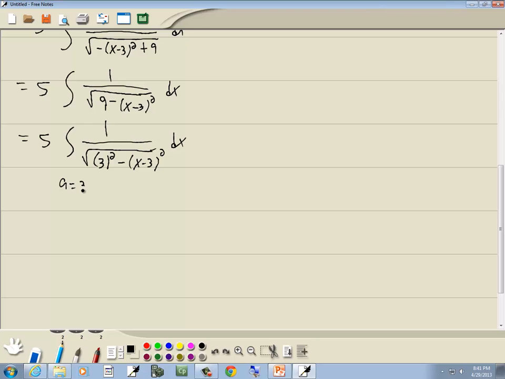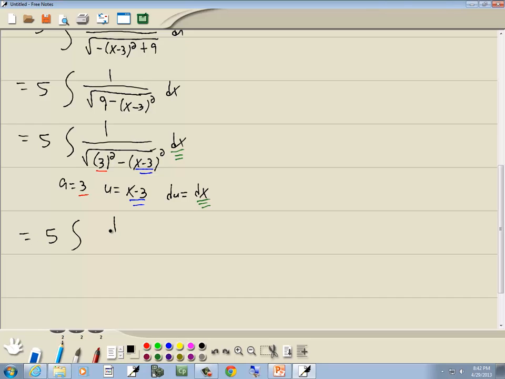Okay, a would be 3, u would be x minus 3, du. The derivative of x minus 3 is 1, and then we put on a dx, so that just gives us dx. So that's going to replace that. So everything's accounted for.